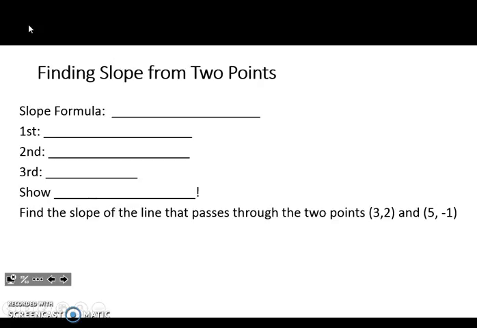All right, so when we're finding slope from 2 points, we are going to follow a specific formula. Remember in our last lesson, we found slope on a graph. And when we found slope on a graph, we had to find 2 perfect corner points. Each of those corner points could have a location.